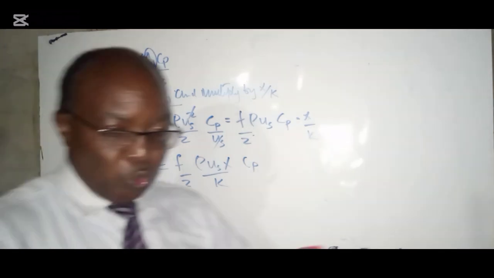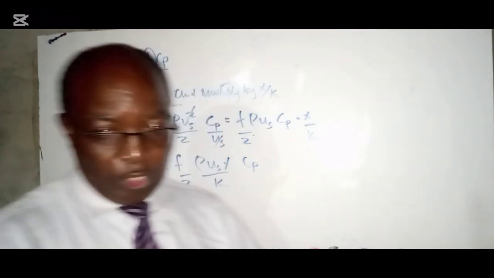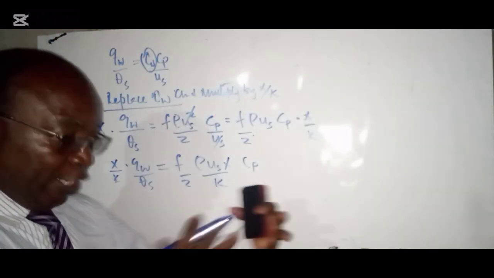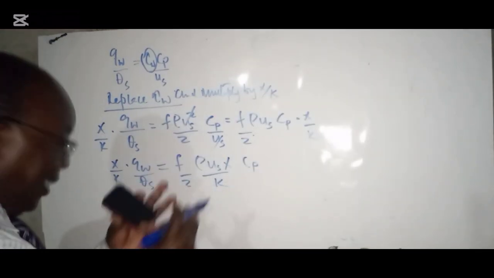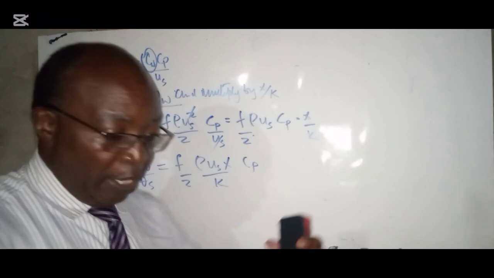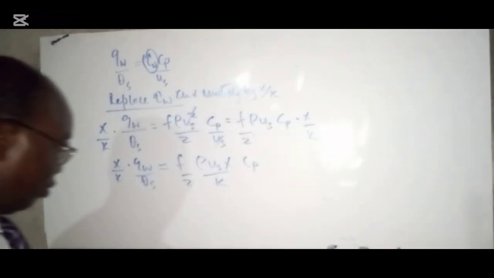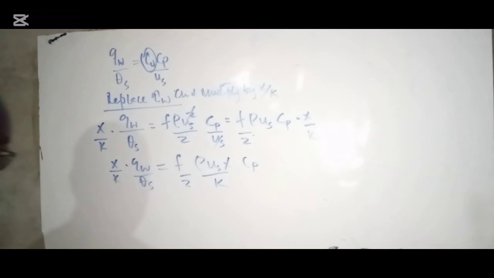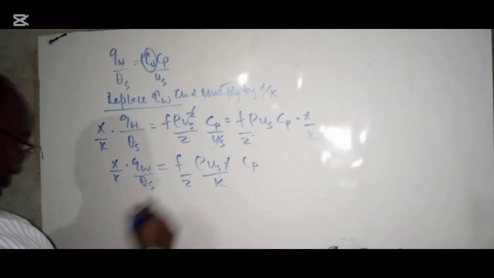Remember, we are trying to use dimensional analysis, eliminations and additions, to get an expression where these important constants which I've mentioned, the Reynolds number, the Prandtl number and the Nusselt number, appear.